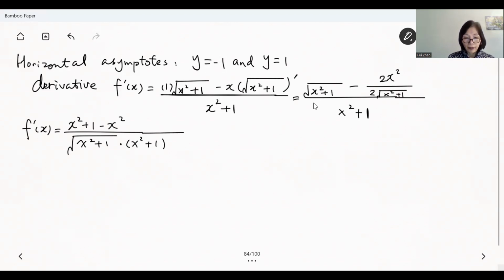Finally, we get the derivative is 1 over x squared plus 1 with exponent 3 over 2.